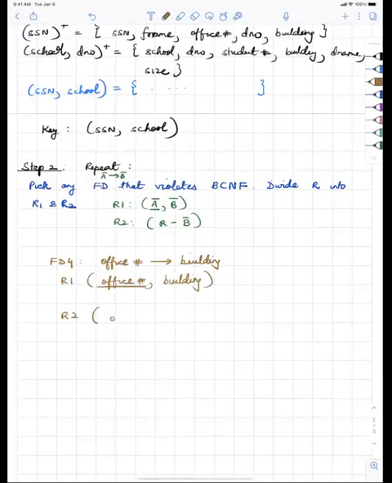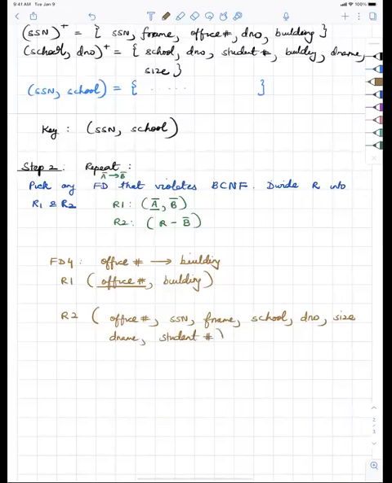So R2 will bring down office number, and then everything else other than building will come down: SSN, FName, school, DNO, size, DName, and student number, that's right.